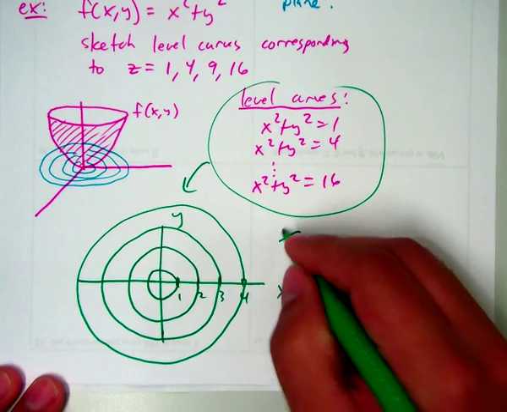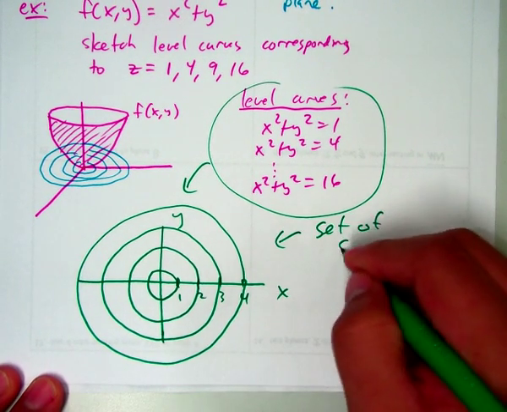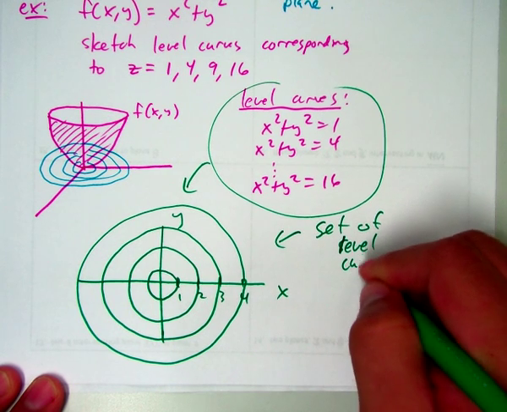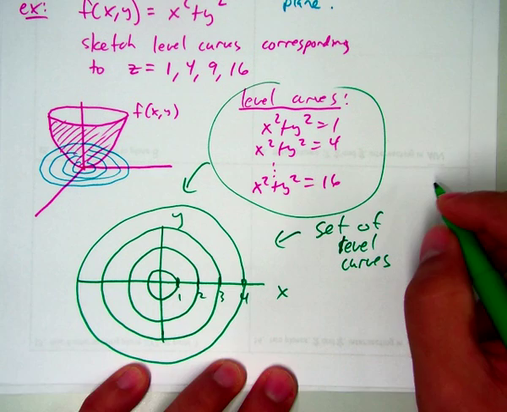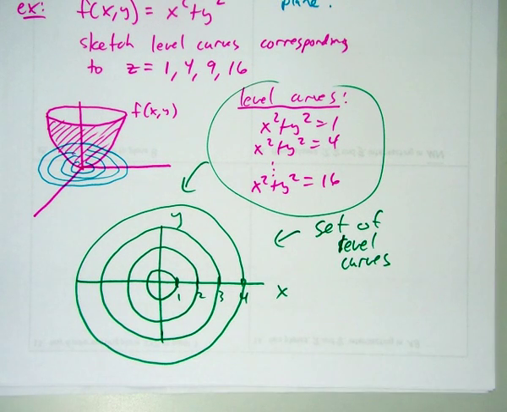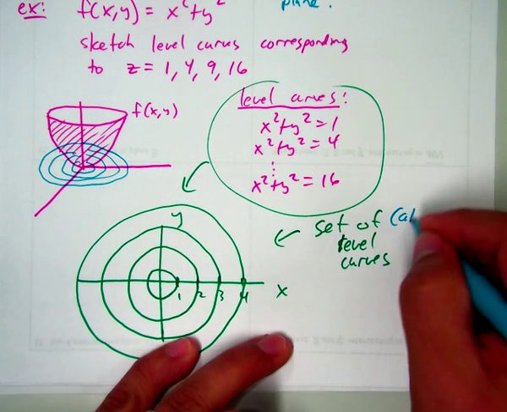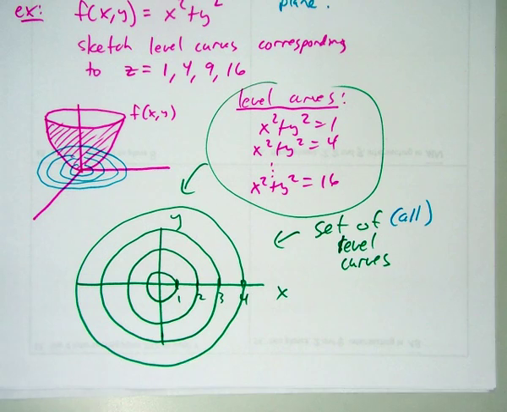Since this is a set of level curves, now this is just a set of some of them, but the set of all level curves is called a contour plot.